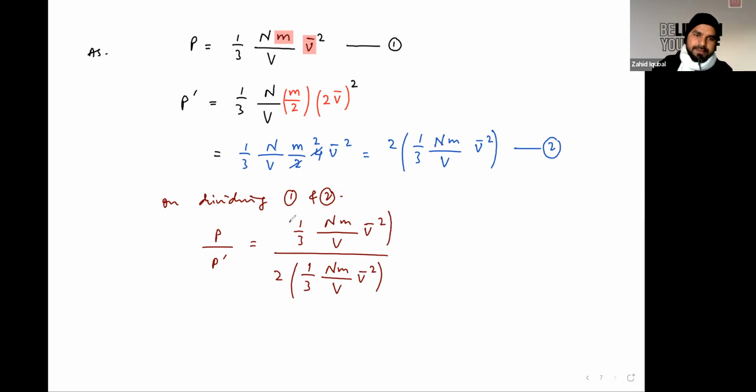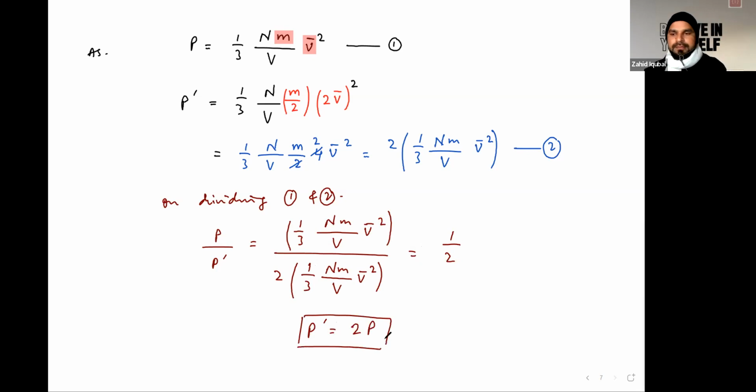This part and this part will cancel out. So you'll get just 1 by 2. So on cross multiplication, P dash will be twice of P. Is it clear? Yes, sir.